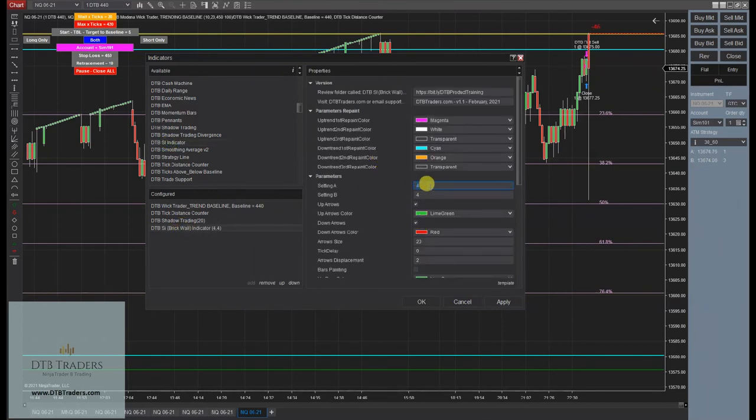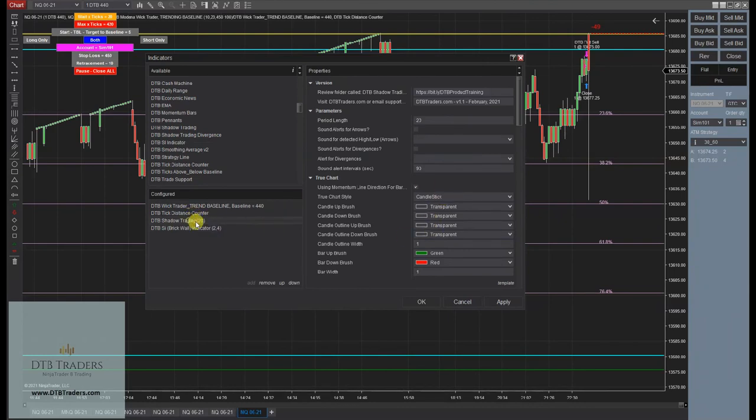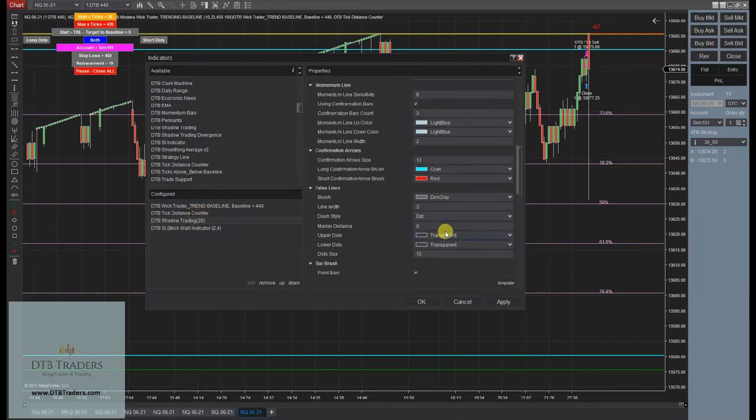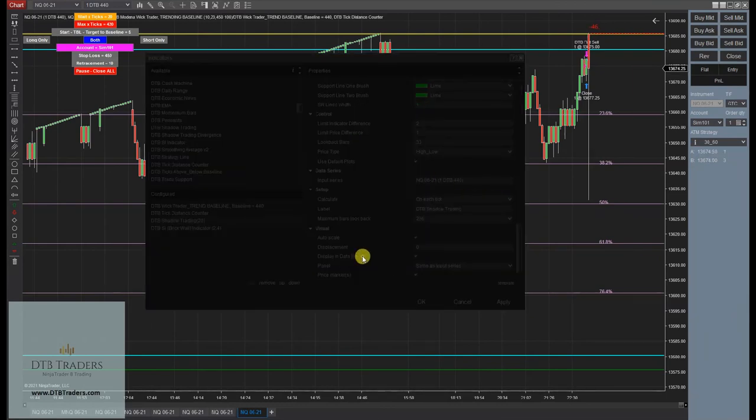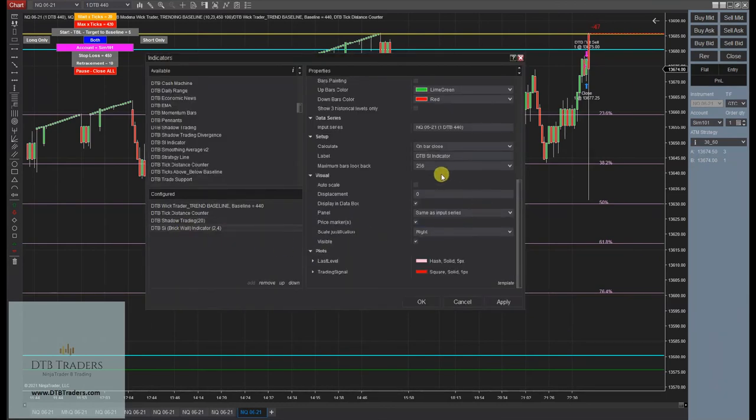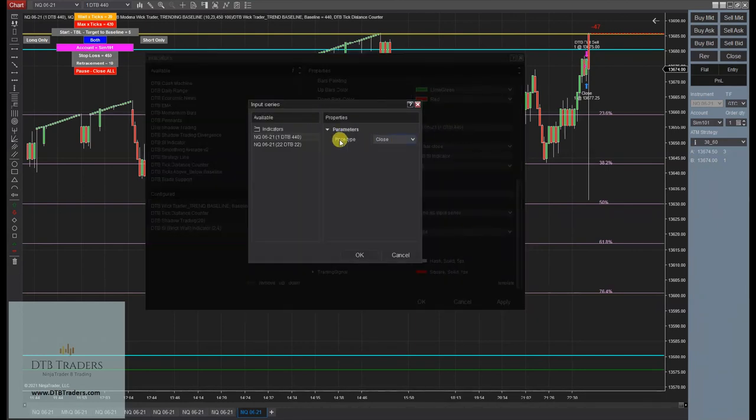That can be optimized. I'm just going to go a 2 and a 4 on that, and we're applying these indicators to the second data series that we've just added in. So we're going to be selecting the 2222 and the 2222 on this one also.